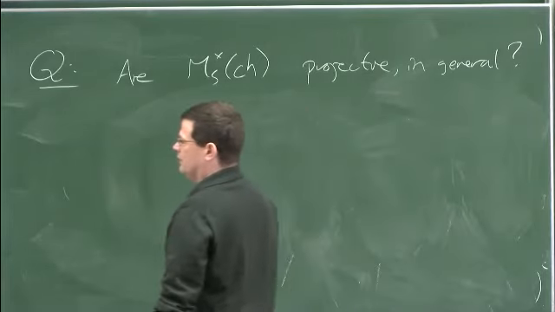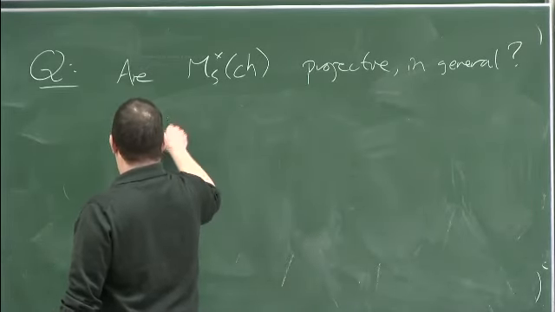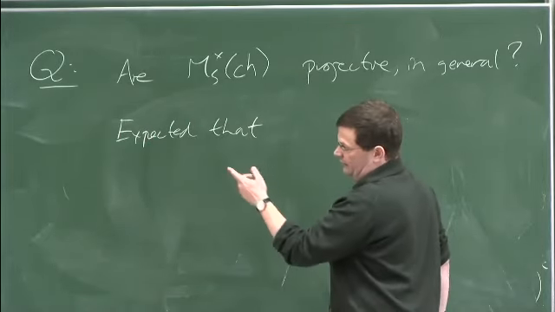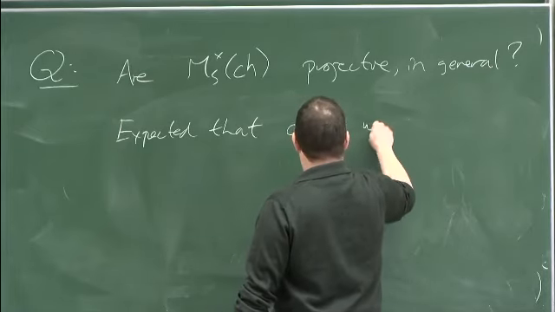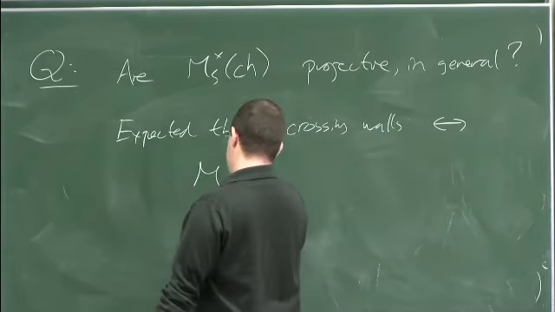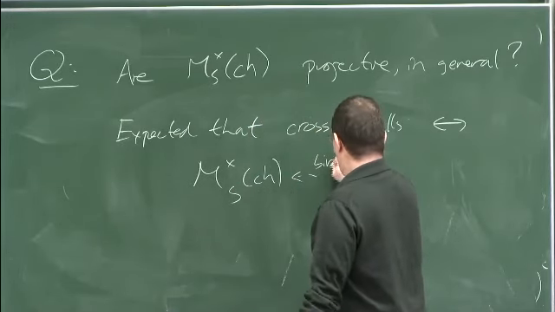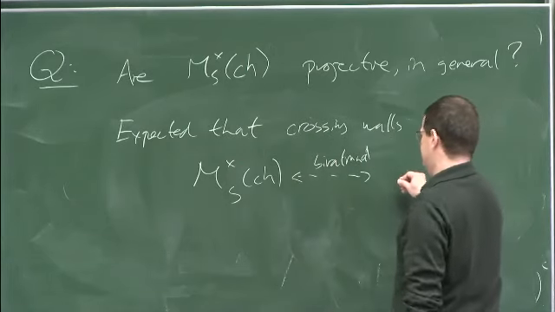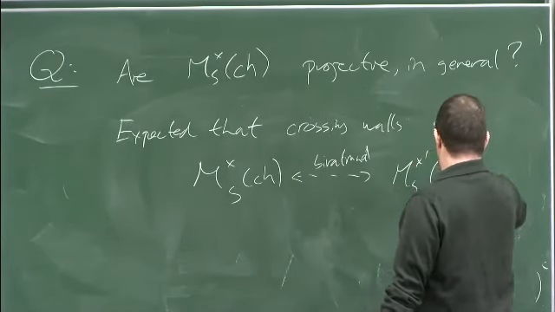It's expected that as you're crossing walls, this should correspond to some kind of birational morphism, a birational map between the moduli spaces.